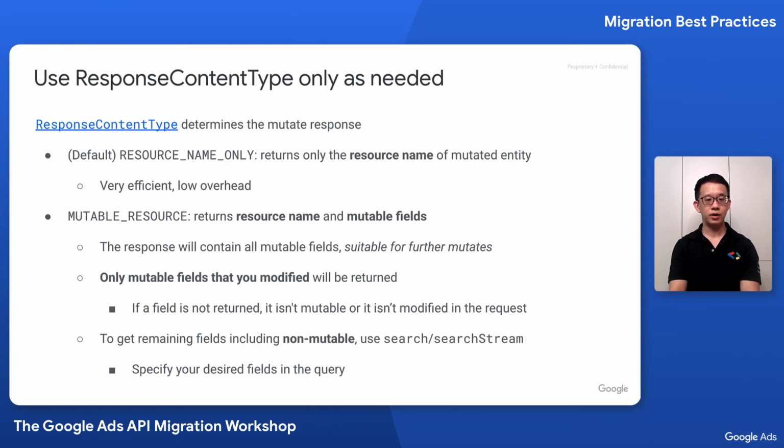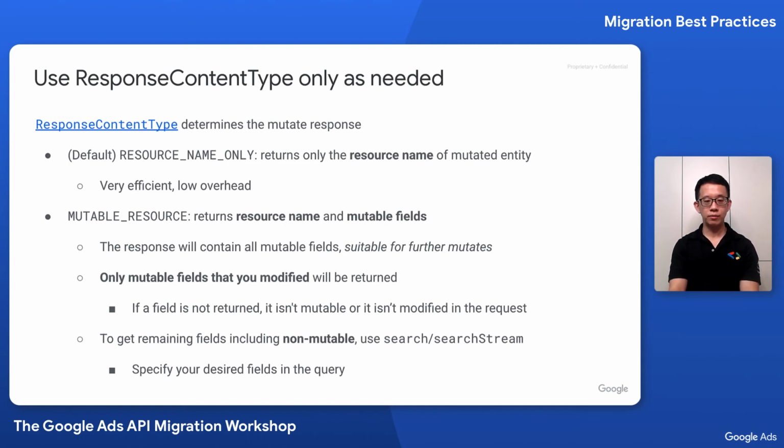But if you specify the response content type as mutable resource, it will return the resource name together with the mutable fields. The response will contain all the mutable fields suitable for further mutates, like when you want to modify the objects returned by the API for your job, then using the mutable resource response content type will save you the time of issuing another search or search stream request.